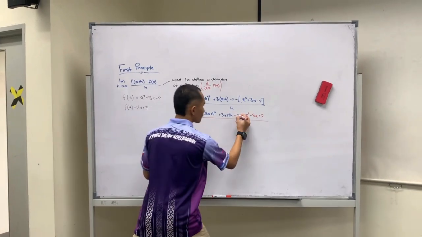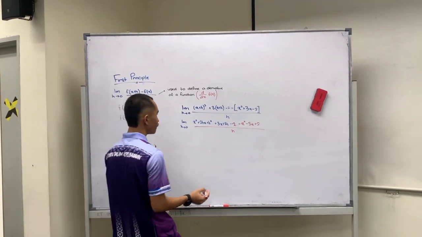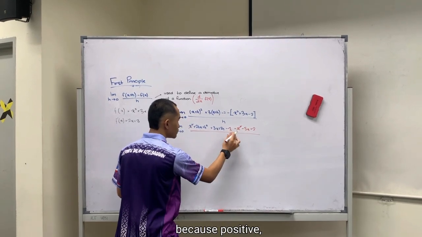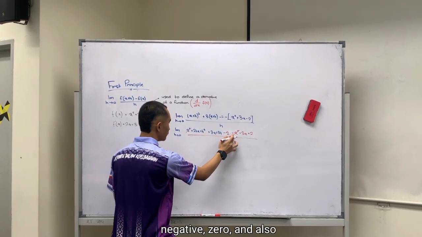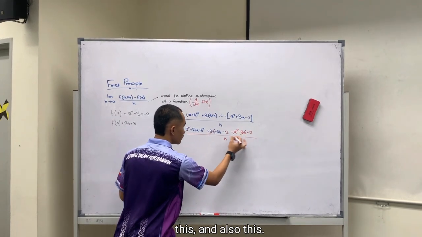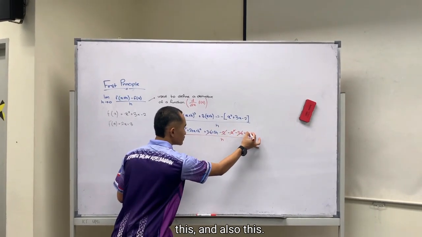Okay. From this, we see that we can cancel this out because positive and negative make 0, and also this, and also this.